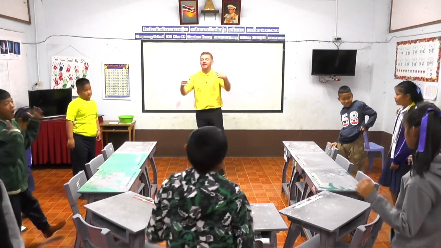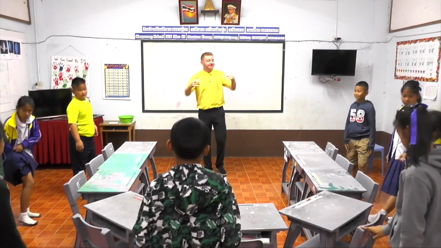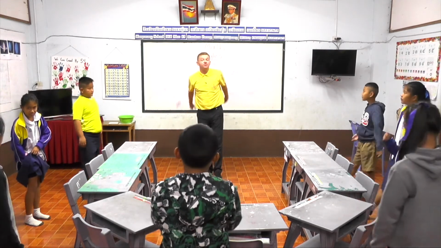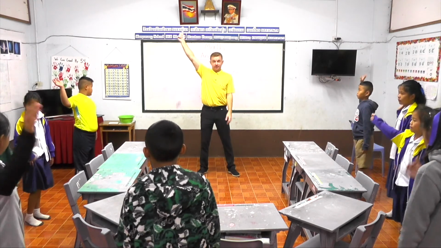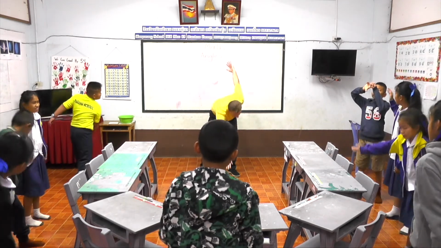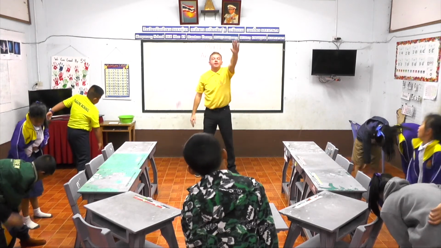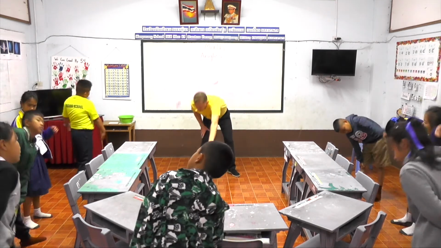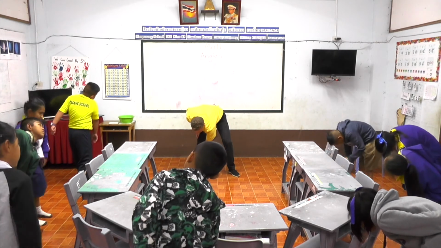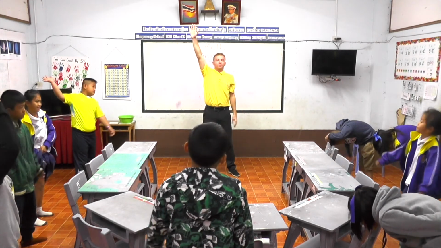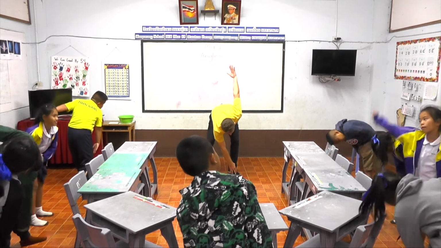Now have a shake, guys. Arms and legs, shake it out. And then we can take our right hand and find our left foot. Left hand, right foot. Right hand, left foot.